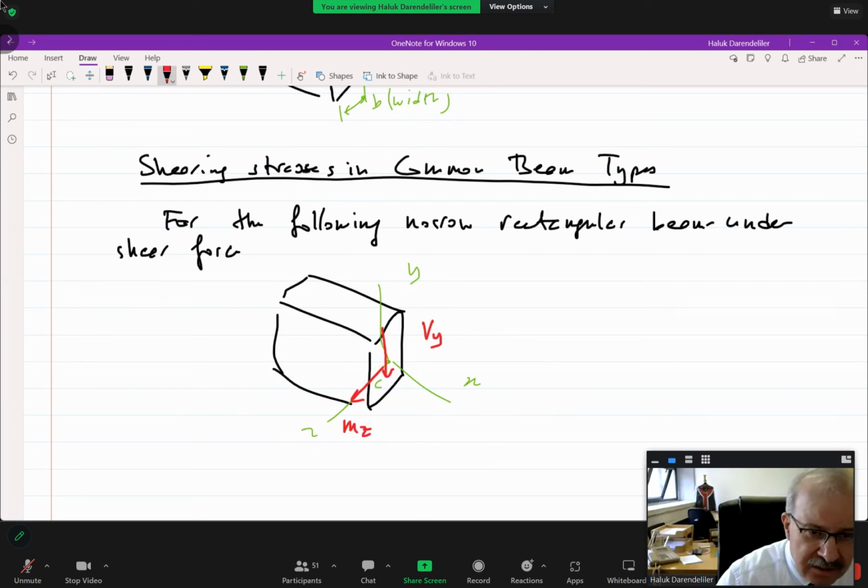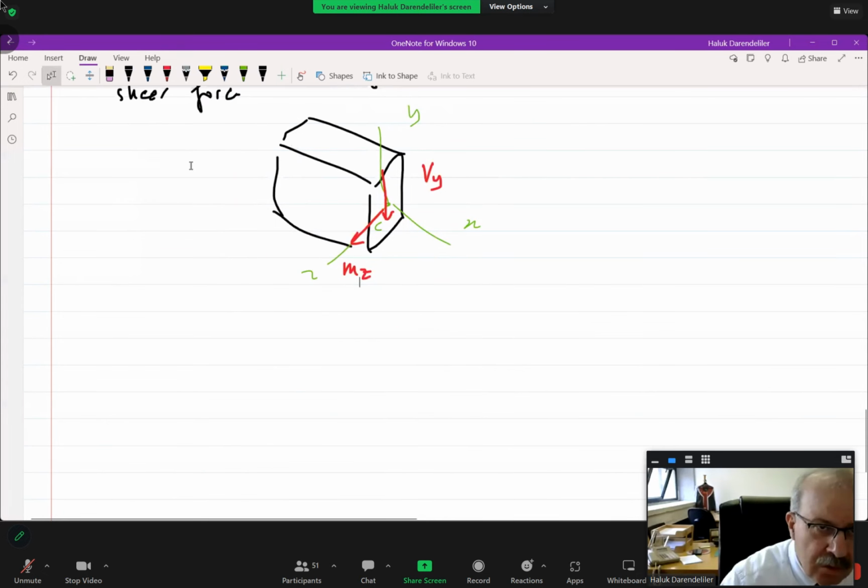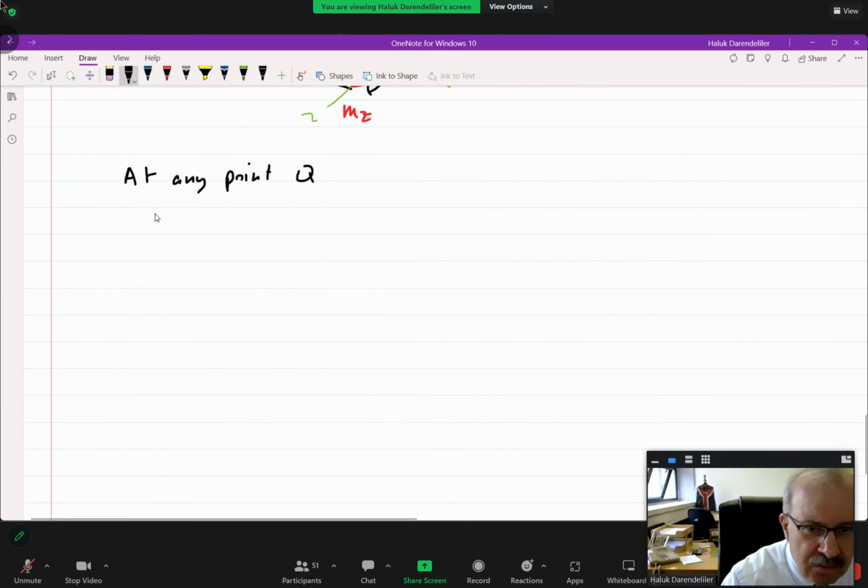For this case, again, as you always do, we have to look at the cross section. So, at any point Q, what is the meaning of that? I am looking for the shear stress at point Q. So, first, I should refer to a cross section in which that point exists. So say that this is the cross section of the narrow rectangular beam.